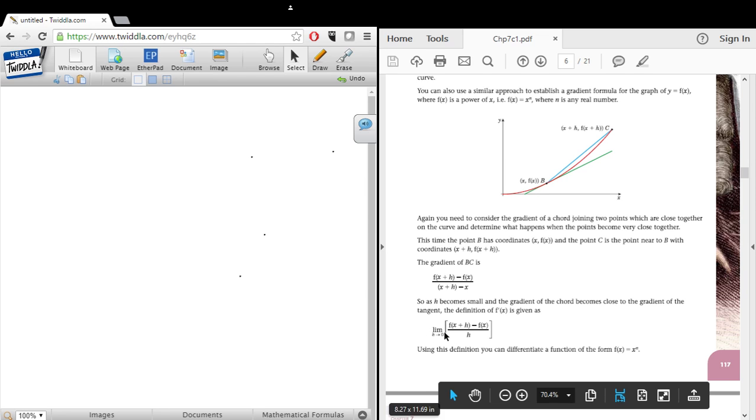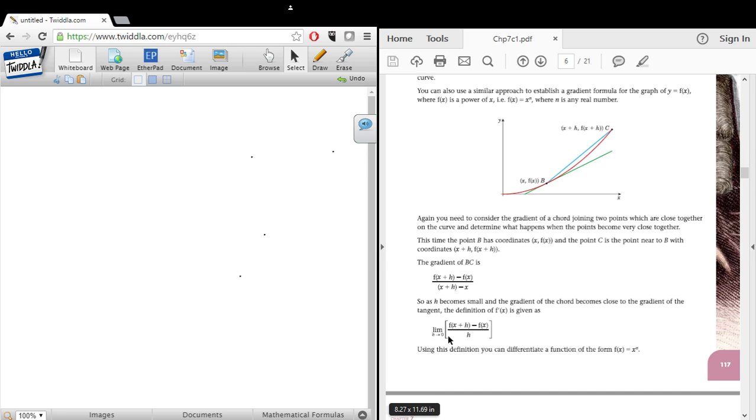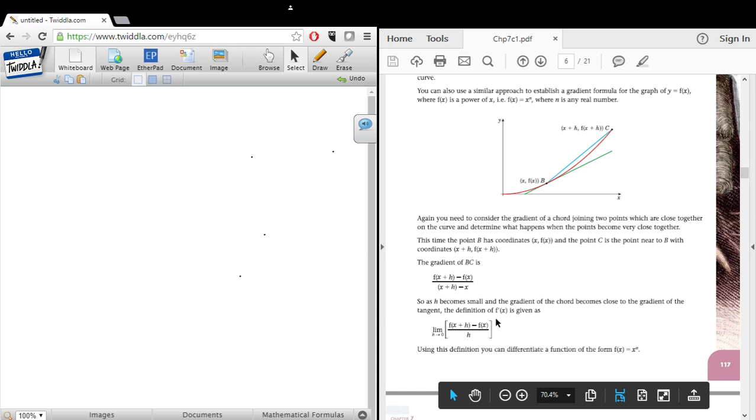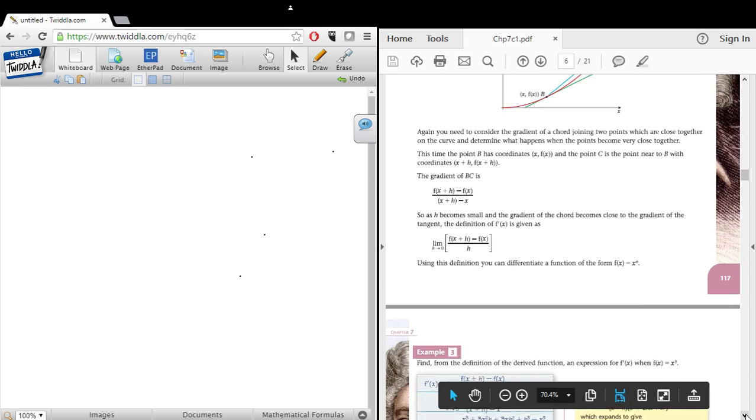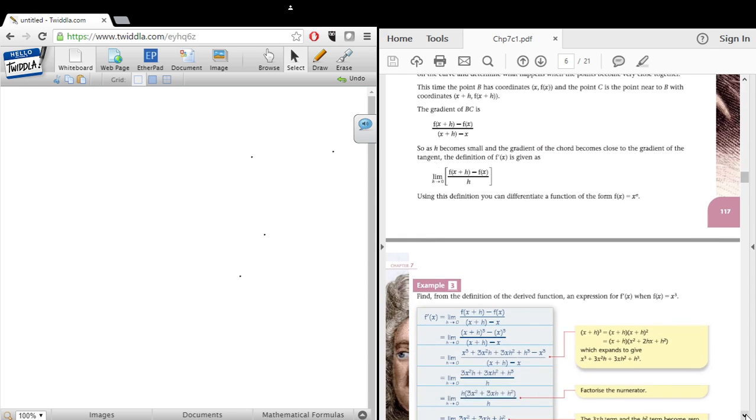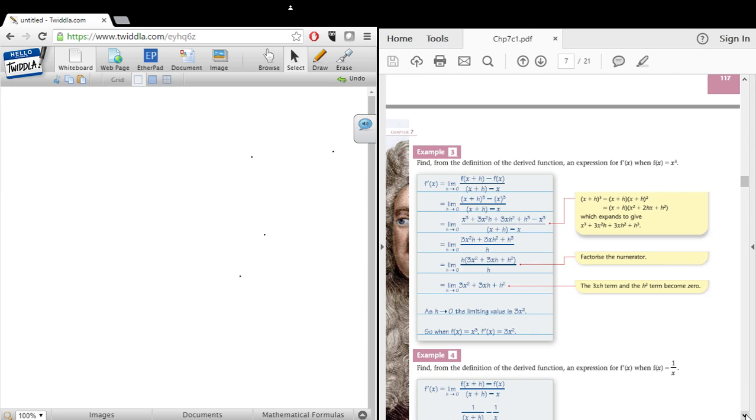So that's essentially trying to convey that the limit as h goes to 0 is another way of describing or articulating differentiation. A very simple way of putting a very complicated principle, which, like I said, you shouldn't worry too much about.